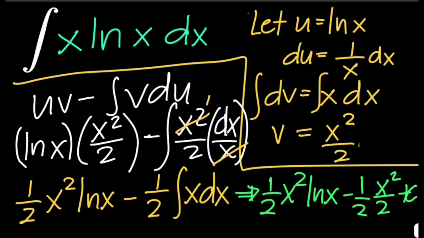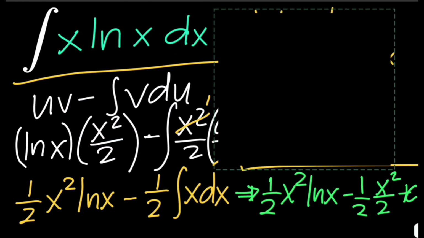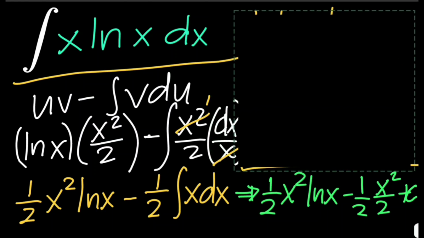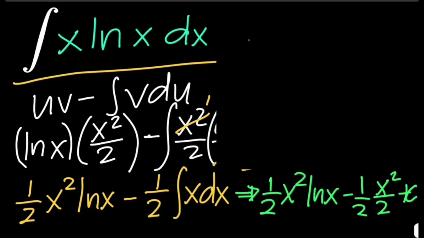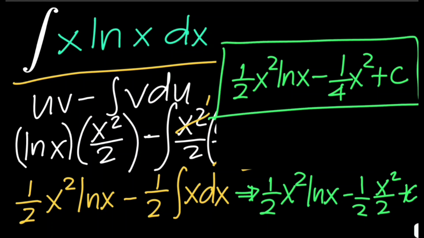So our final answer would be 1/2 x squared ln of x minus 1/4 x squared plus c. Therefore, the integral of x ln of x dx is just equal to 1/2 x squared ln of x minus 1/4 x squared plus c.